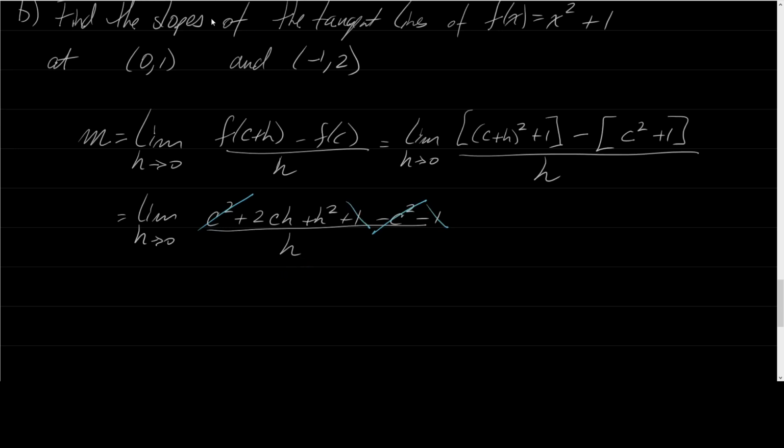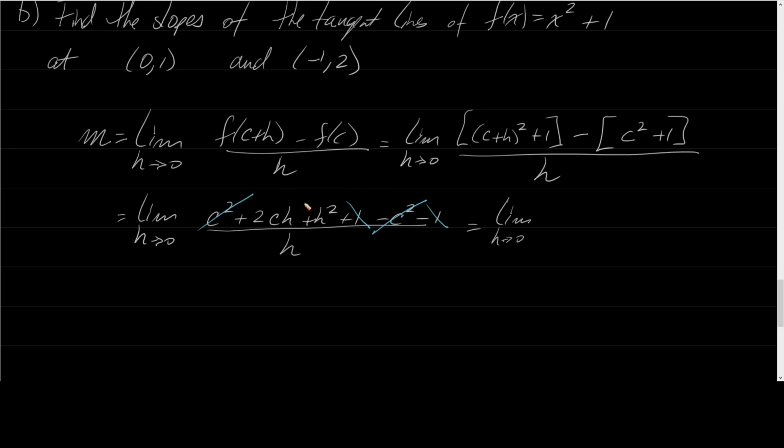And what you'll notice now is that everything in the numerator that wasn't canceled out still has an h left, all right? And as it should. If at this point you ended up with something that didn't cancel out that still had an h, then you probably messed up somewhere.